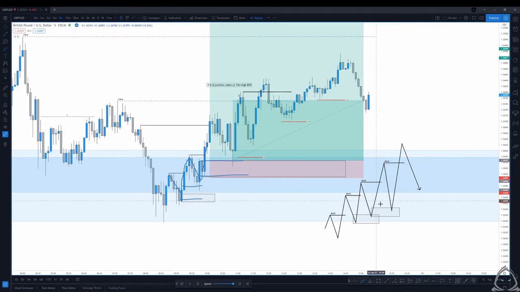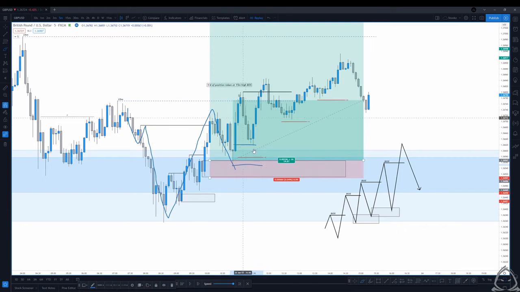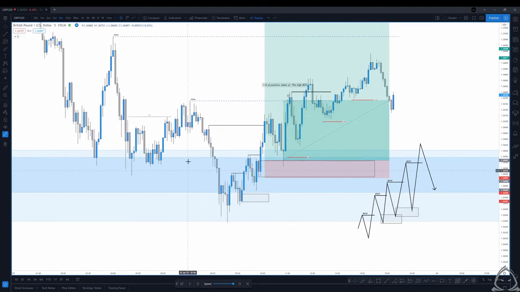This would be the confirmation entry, which is exactly that point right there. Let's clean that up. And what we can see is price basically did this, and it didn't quite come to give us a risk entry. So not really a big deal, but that's the entry model that I took.